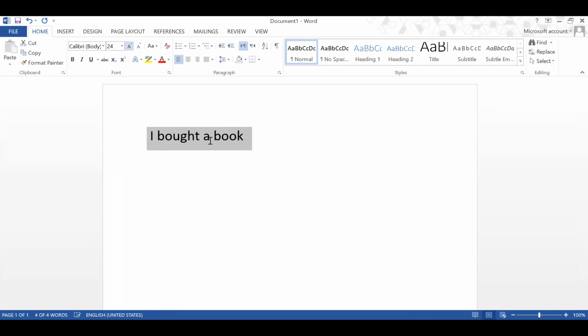Now, as you can see, I'm using this article a because it is followed by a singular noun. The word book is singular, one book, and it is countable. I can say books. And this book is mentioned for the first time. So this is the first reason to use a. Then let's repeat: I use the article a before a singular countable noun that is mentioned for the first time.